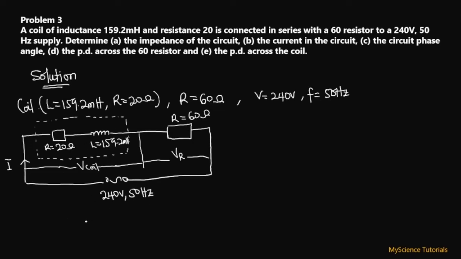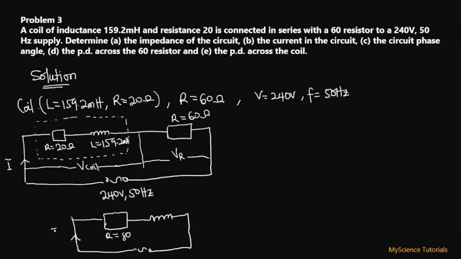But we can simplify this entire circuit diagram to become something like this. Because this resistor and this resistor are in series, and we know in series we add the resistance. So the total resistance over here is going to be 80 ohms, connected to an inductor, and then connected to an AC source.